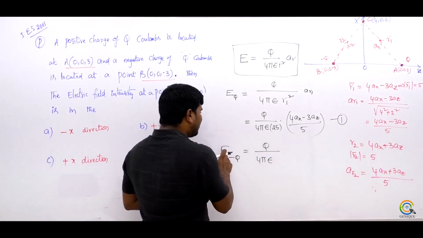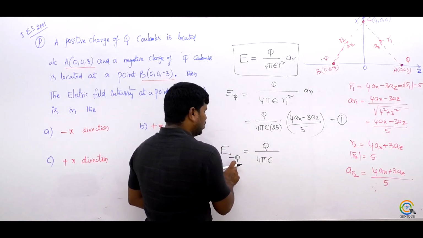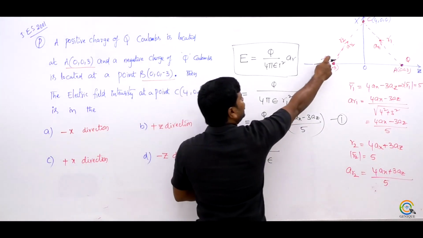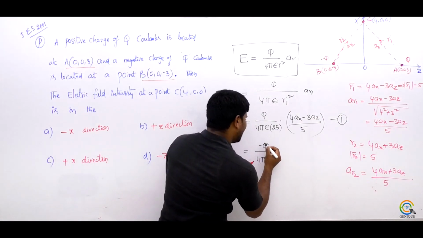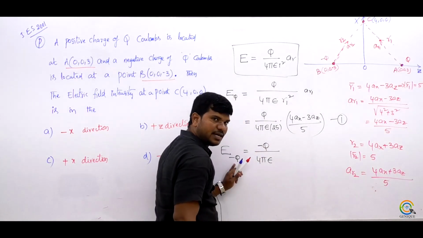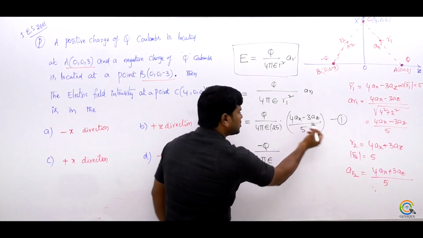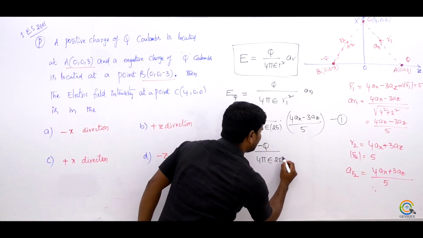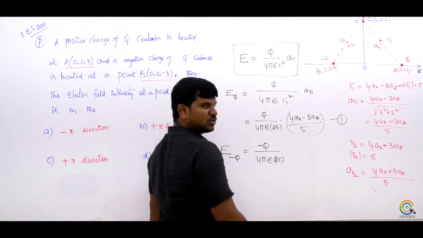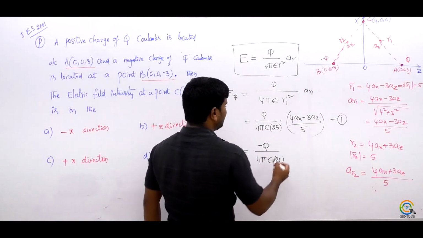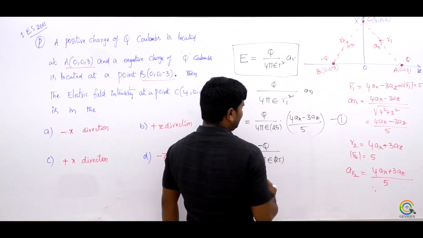So here what I have to find is E due to minus Q. E due to minus Q is equal to minus Q divided by 4 pi epsilon into R2 square. R2 square is 25.